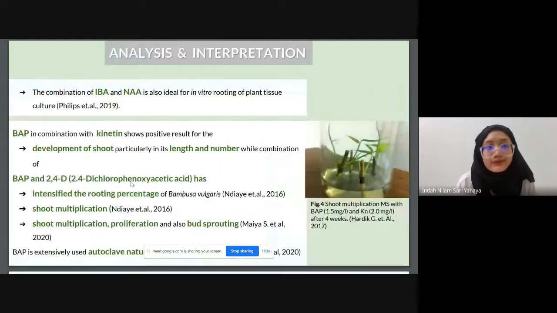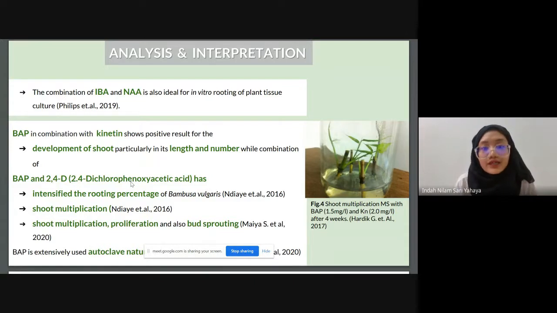endogenous auxin. Another analysis is that the combination of IBA and NAA is ideal for the in vitro rooting of the plant tissue culture of Bambusa vulgaris, and BAP in combination with kinetin shows positive results by helping the development of the shoot, particularly in length and number, while the combination of BAP with 2,4-dichlorophenoxyacetic acid has intensified the root percentage of Bambusa vulgaris, helped in shoot multiplication, purification, and also bud sprouting.